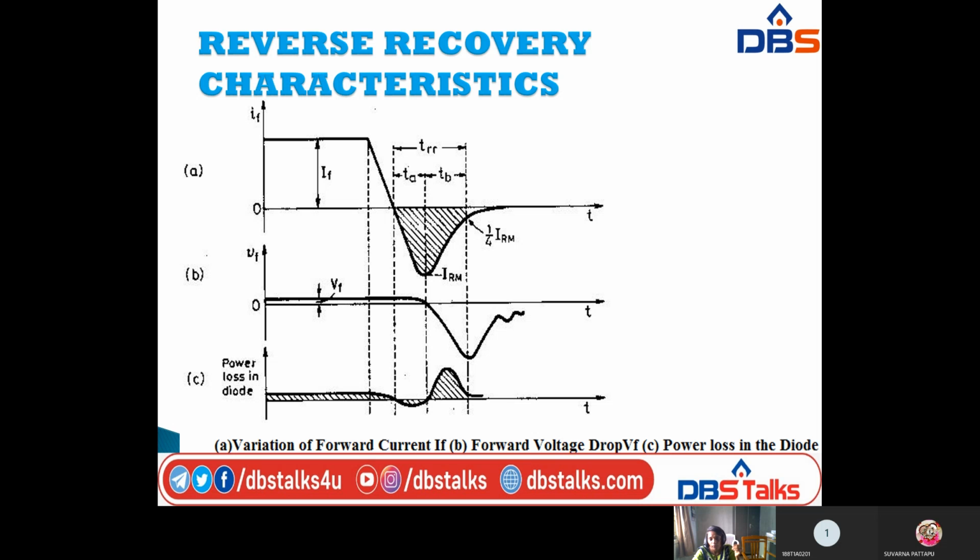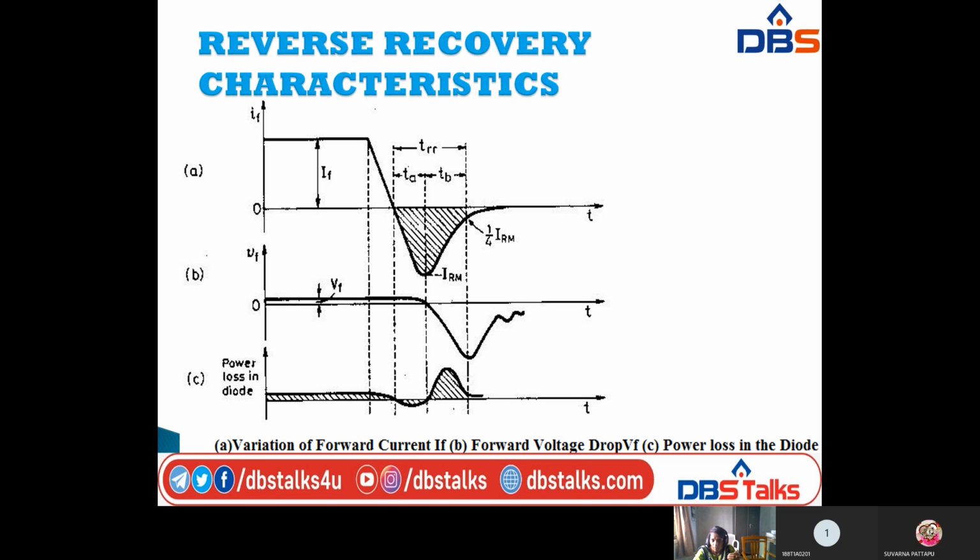Next, the forward voltage drop VF of a diode. In the forward direction the voltage goes like this, and after that the voltage is zero. When the diode is not conducting, the output voltage comes to zero, and in reverse bias some amount of voltage goes like this and then returns to zero.